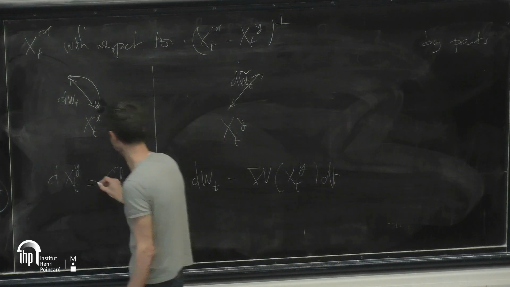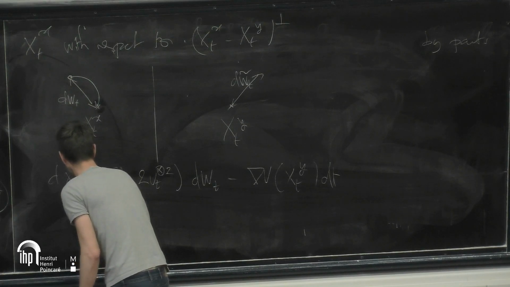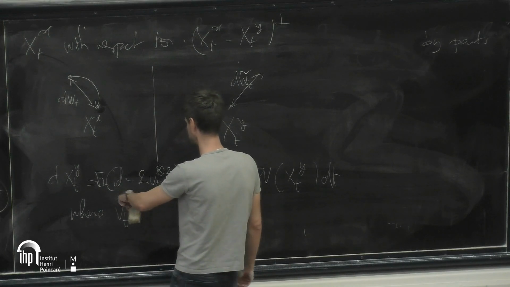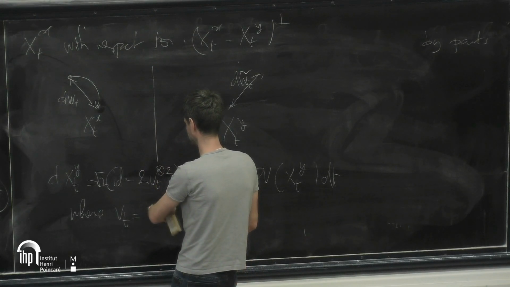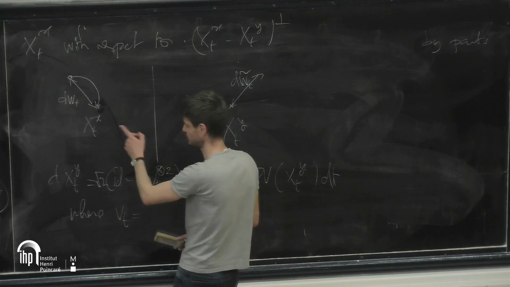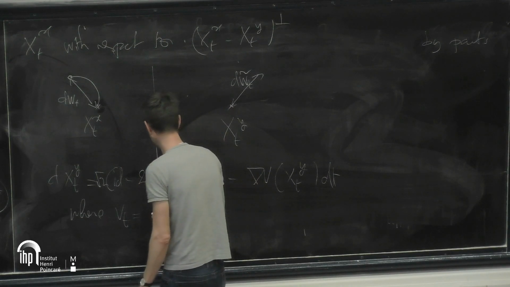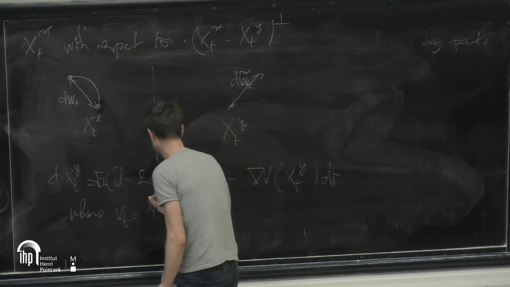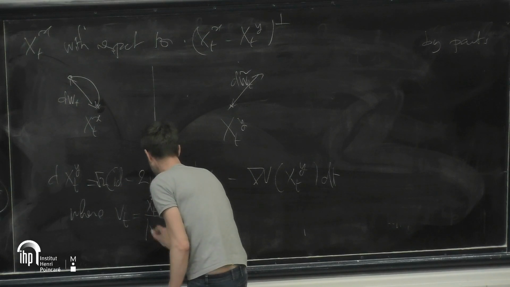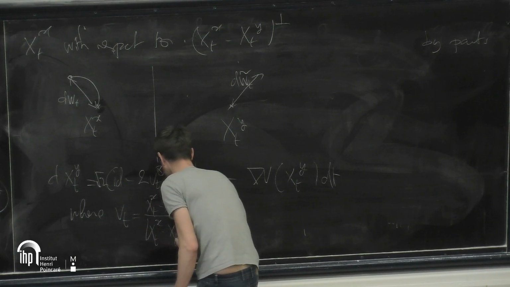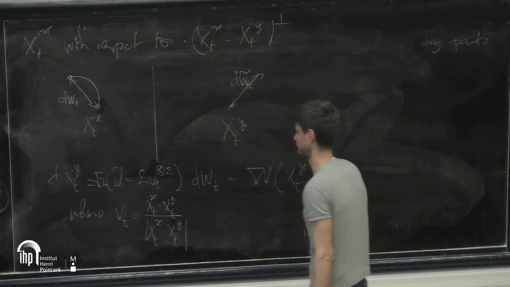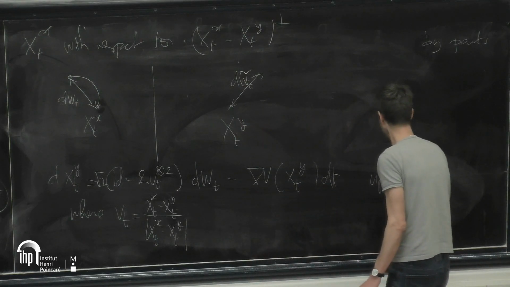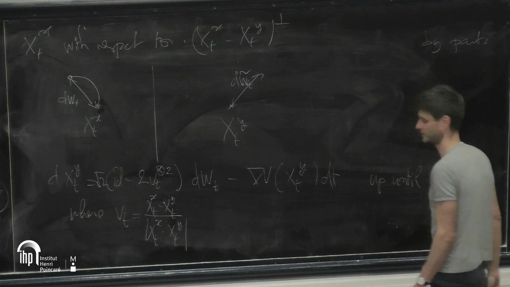Maybe I forgot square root 2 here, where vt is supposed to be this orthogonal reflection. So vt is probably Xt^x minus Xt^y, normalized. Okay, so actually, I only do that up until the first time they've met.